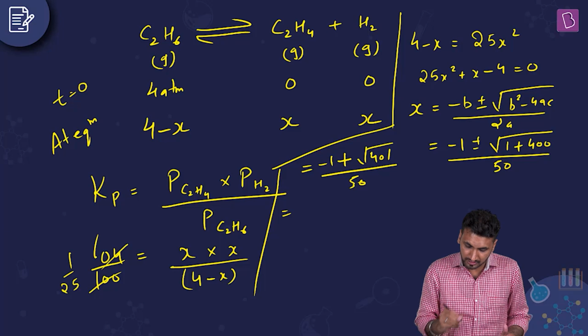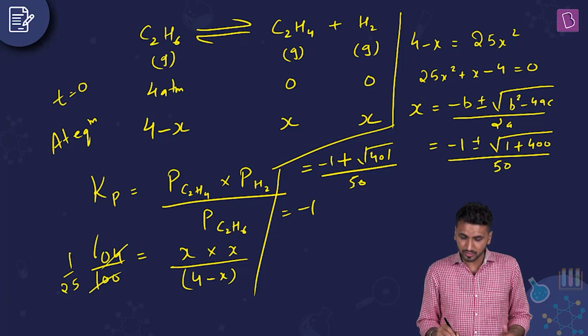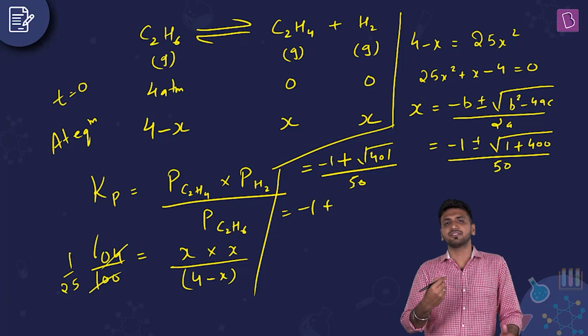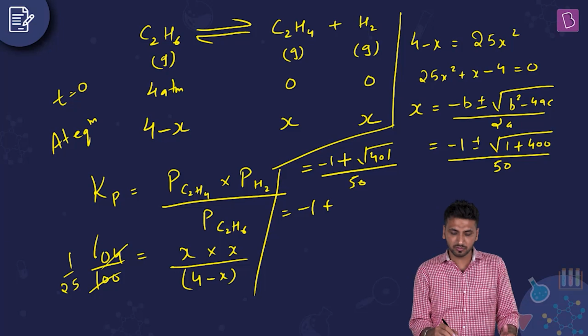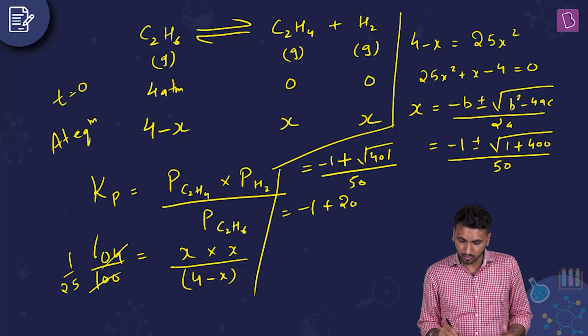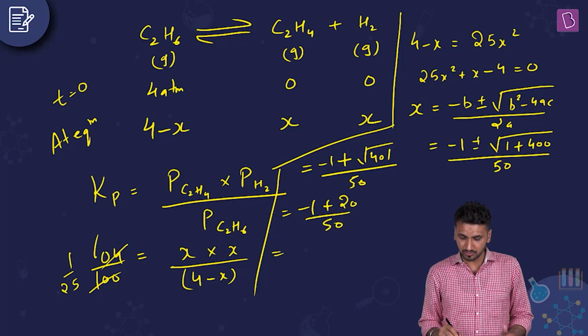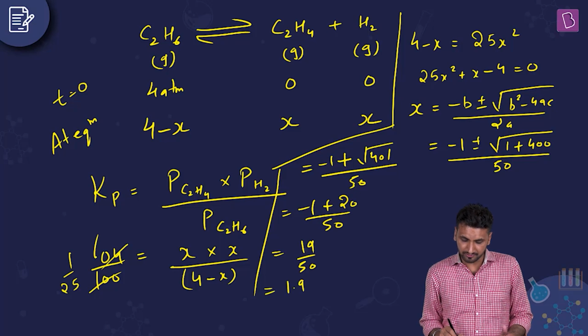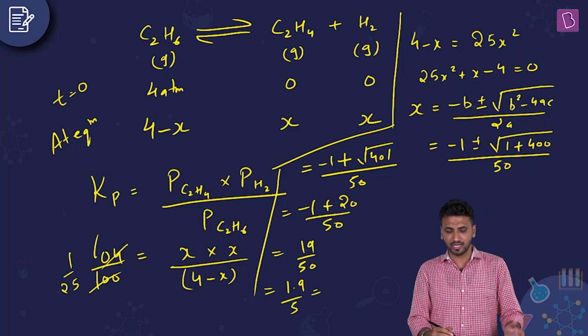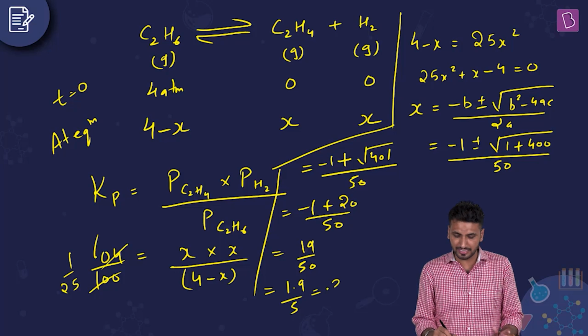This will be only plus here. So minus 1 plus, if I assume 401 to be 400, then the root of 400 will be 20, upon 50. So 20 minus 1 is 19 by 50, which is 38 by 100, 0.38 atm. This is the value of x.